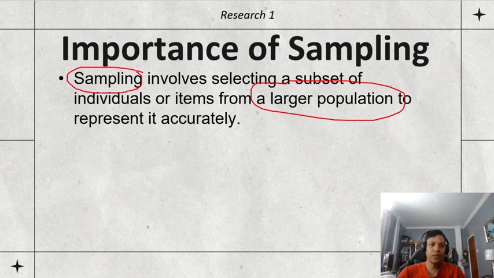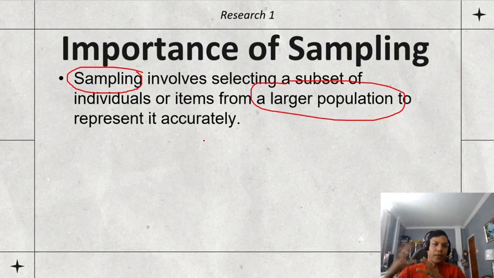For example, we have a study whose respondents will be the community of a specific barangay. The population of the barangay is 5,000 individuals. Instead of distributing the survey questionnaire to all 5,000 individuals, you'll just get a sample size that will represent the entire population.